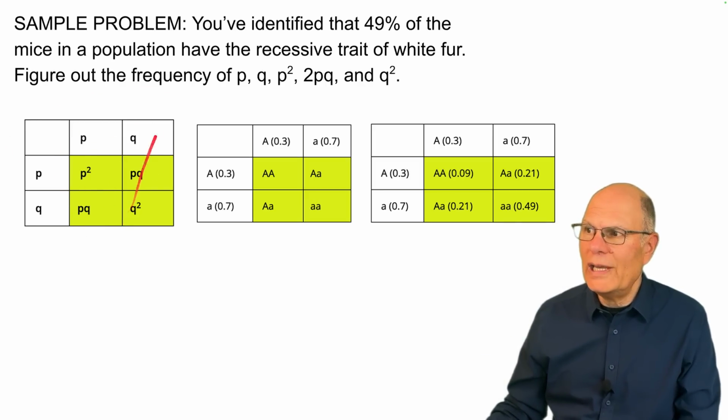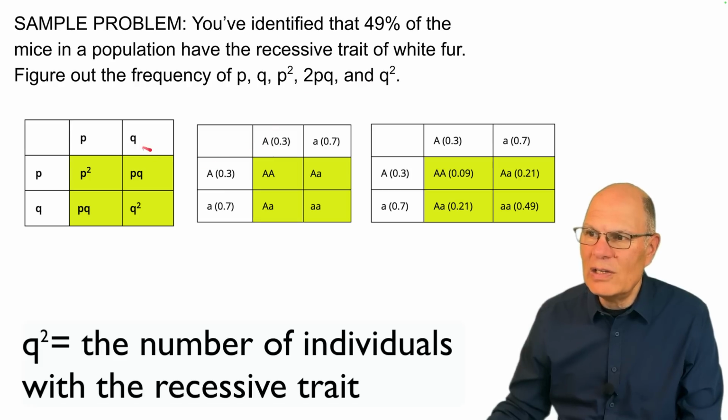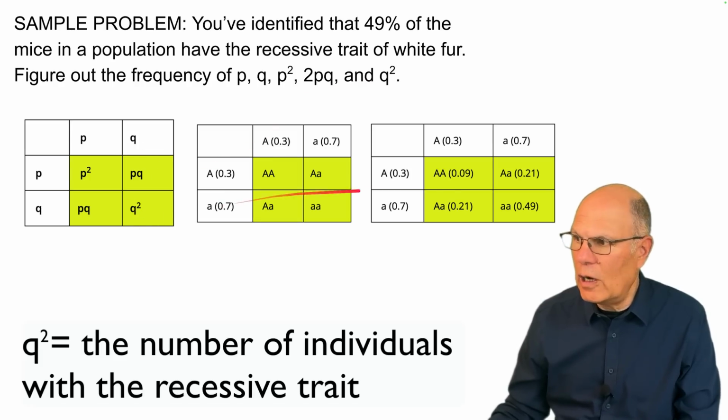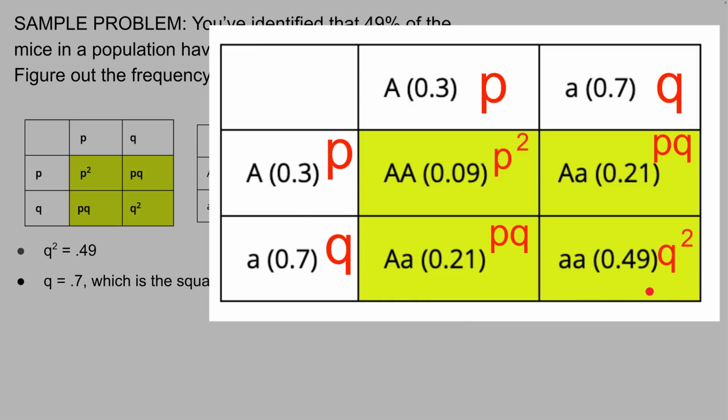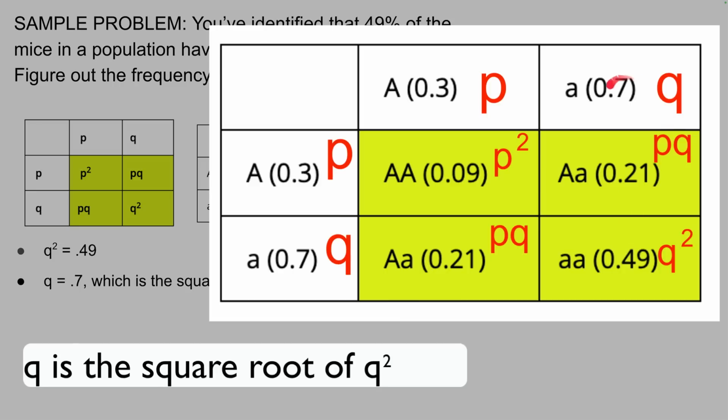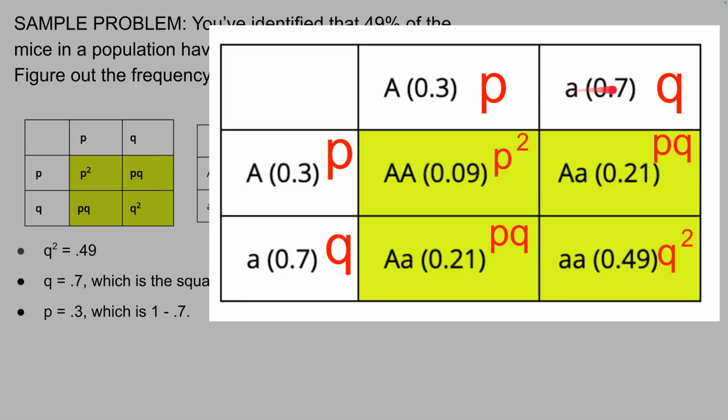What we're going to do is q squared is this value over here, so we're just going to put 0.49 over here. From there, we're going to work to figure out that the square root of 0.49 is 0.7. Then we know that this plus this equals 1. So therefore, this, the value p, has to be 0.3.